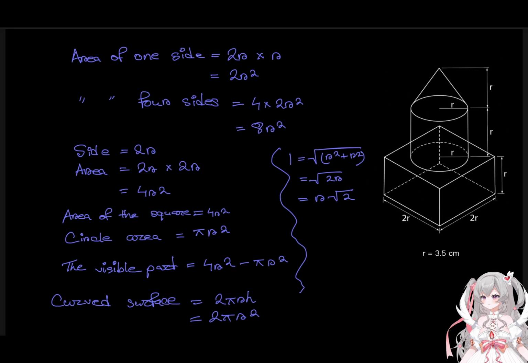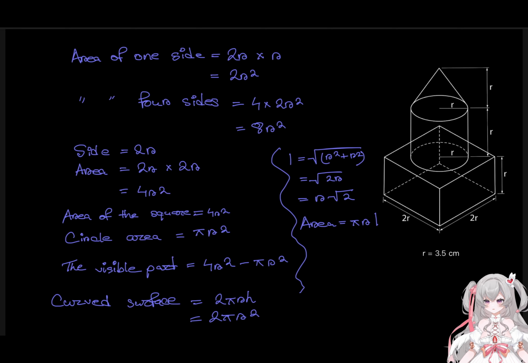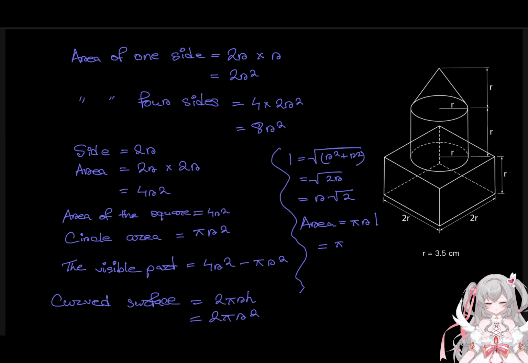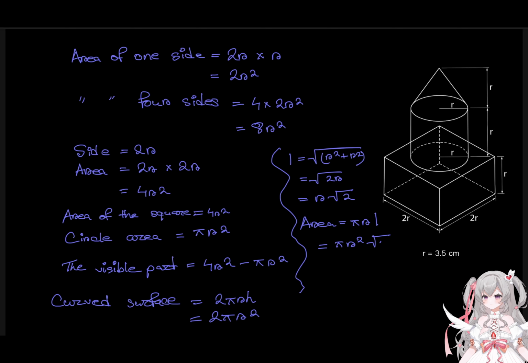Now, using the cone surface formula, area is equal to pi r L. And by adding the values, we get pi r squared times root 2.